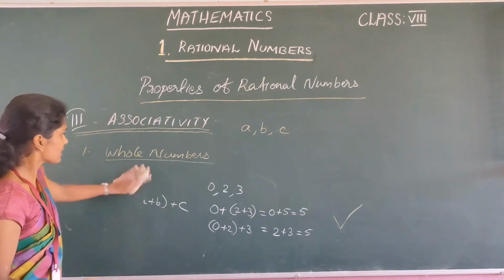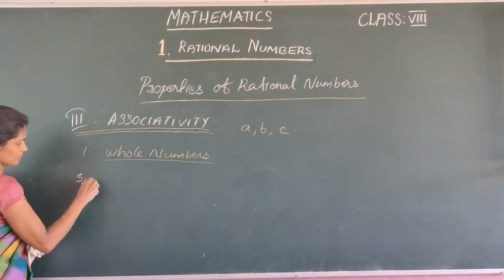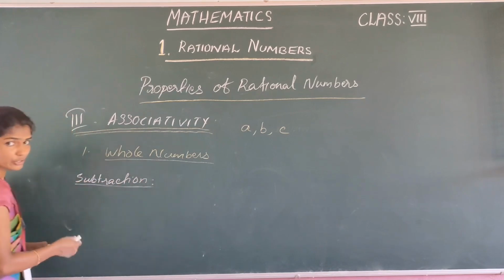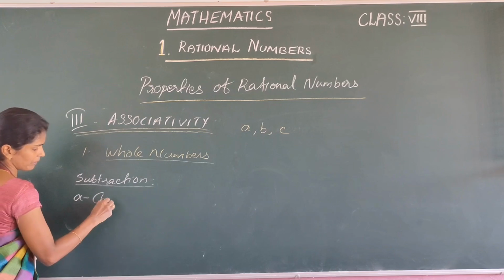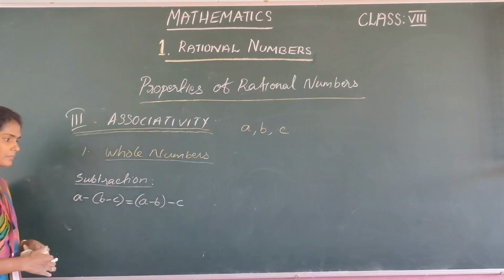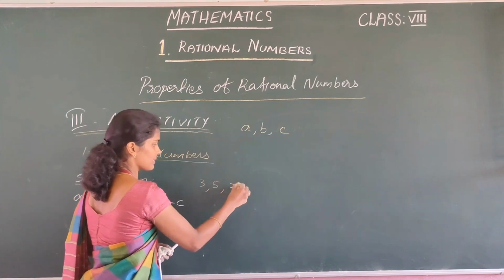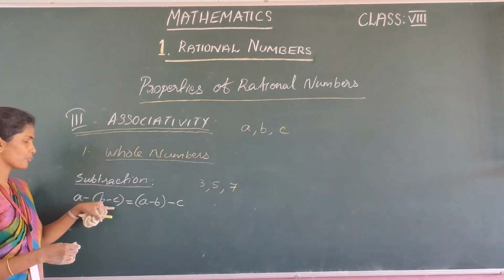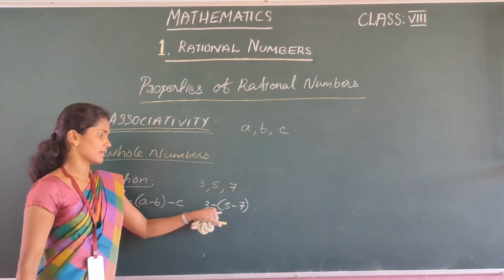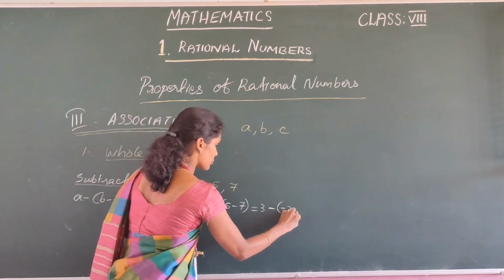Then check subtraction. We want to check whether a minus (b minus c) is equal to (a minus b) minus c. Take any three whole numbers, 3, 5, 7. Then what is a minus (b minus c)? 3 minus (5 minus 7). 5 minus 7 is minus 2.